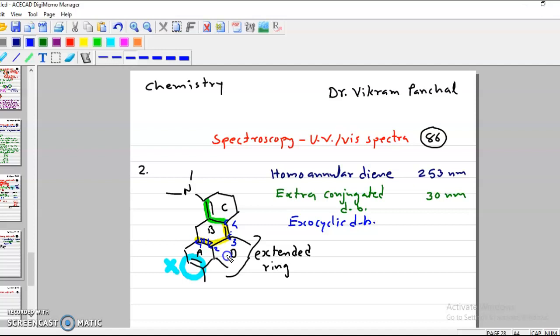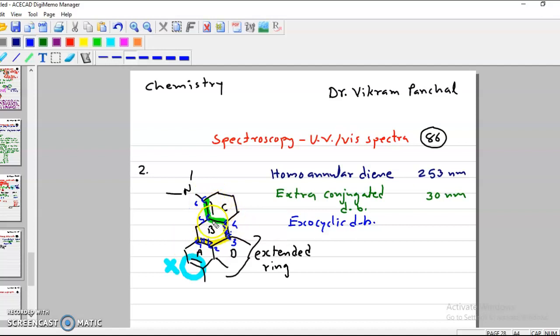Remember this way. Now the C3 C4 double bond is again exocyclic for D ring as well as exocyclic for C ring because C4 is in C ring, C3 is not in C ring, and that is why this is double exocyclic for two rings. Now we'll take this double bond which is of C5 and C6.